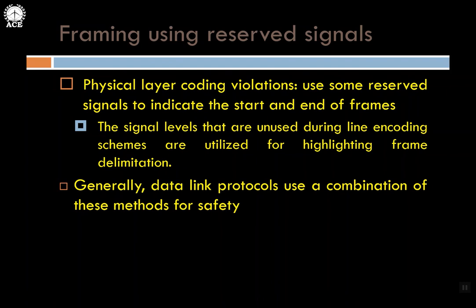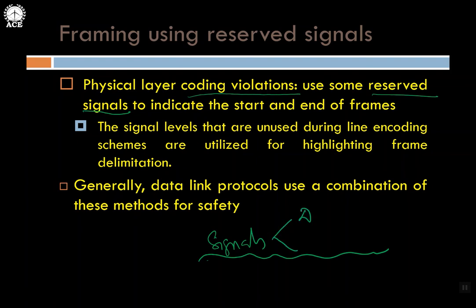So what happens in this? The physical layer coding violations. That means we use some reserved, special signals to indicate the start and end of a frame, because the data that gets transmitted on the communication channel is by means of signals. So I will have signals for representing data, and signals for start and end delimiters.